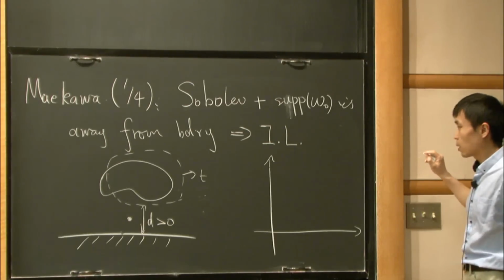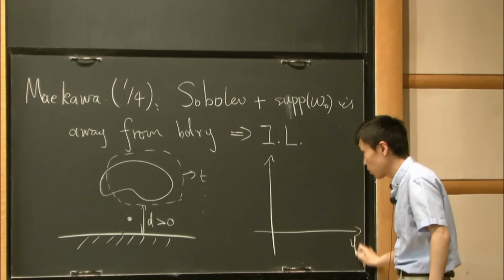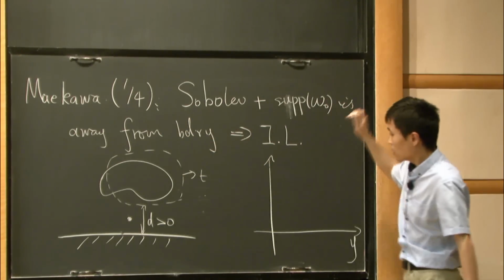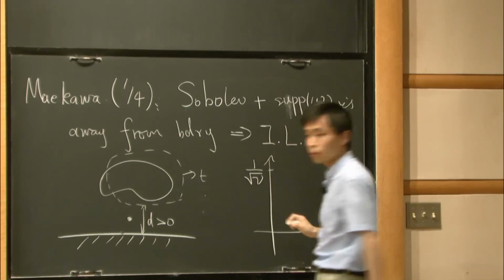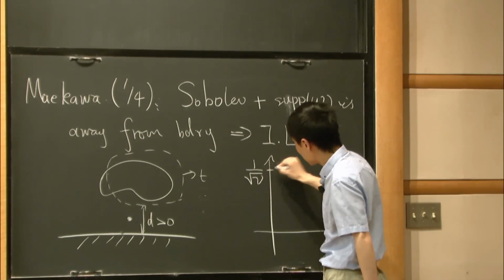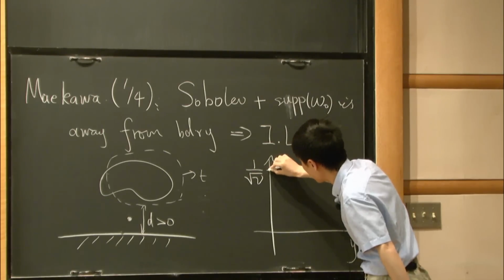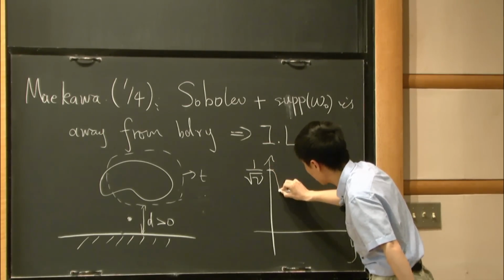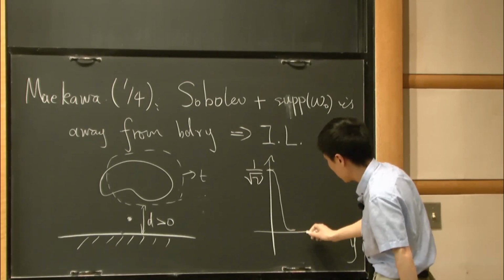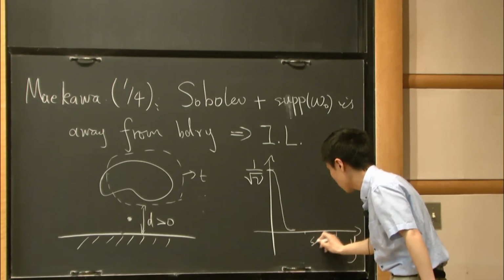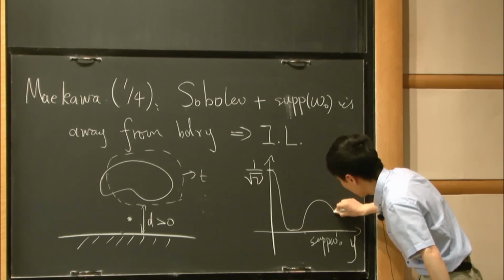So let me show you a picture of this vorticity. Assume this is the y direction, the vertical direction, and near the boundary the vorticity is of the size of 1 over square root nu. Then away from the boundary the vorticity becomes very small, and for a while, assuming that's the support of the vorticity, after a while it becomes a constant size.